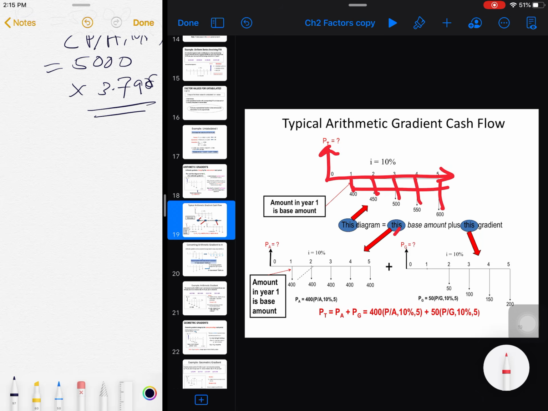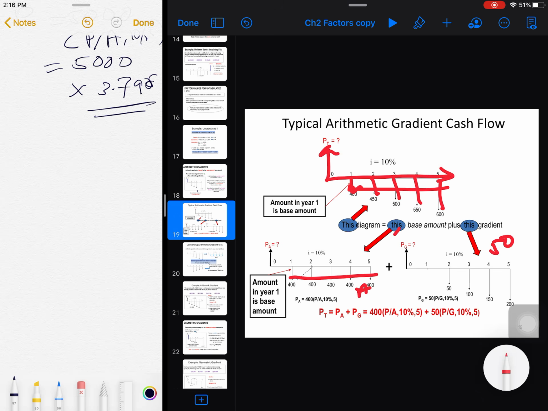What is the base amount? 400. 400 is the base amount, where 400 is the A, if you get what I mean. And the G value starts at number 2, where it increases by $50 each year after year 2.